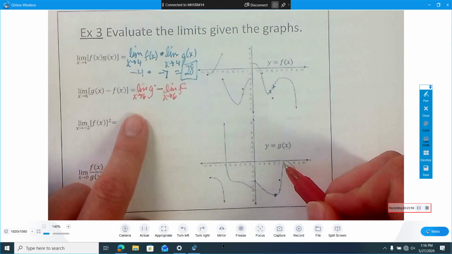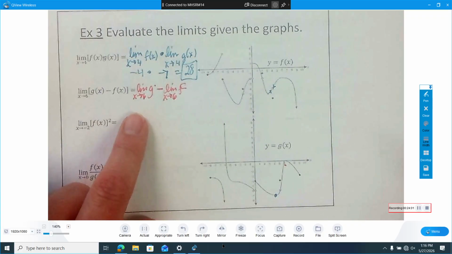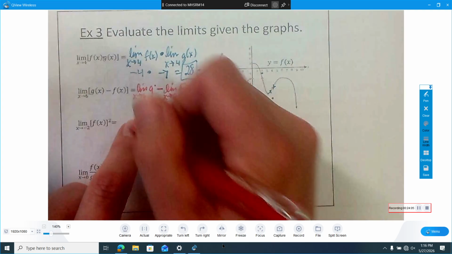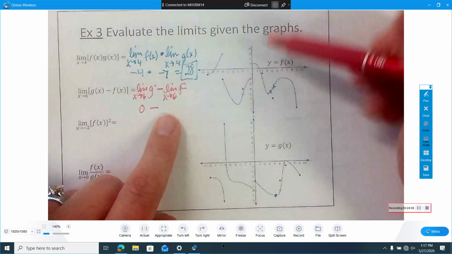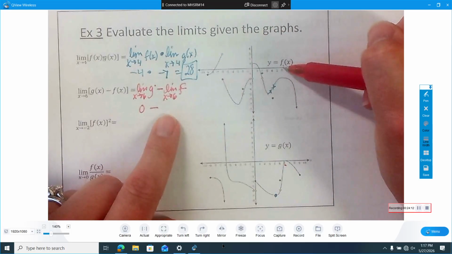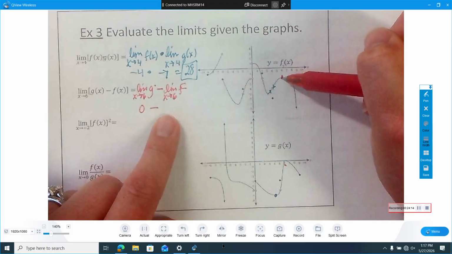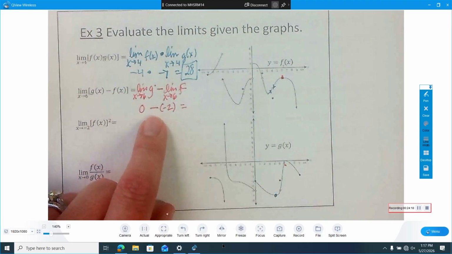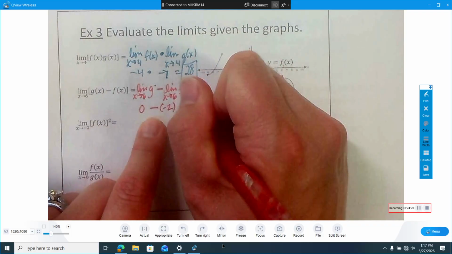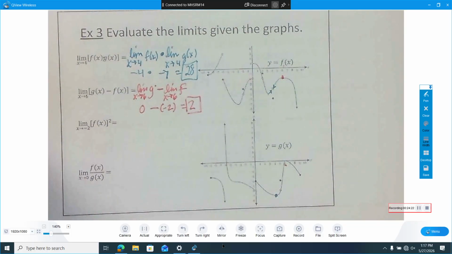As I approach 6, what value am I getting close to? 0. Minus. As we approach 6 on our f graph, we get close to here, which is -2. And 0 minus -2 is 2. All right. Woo.